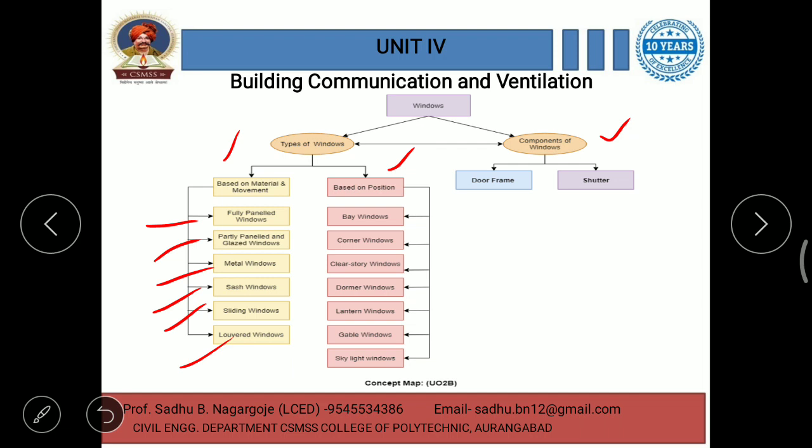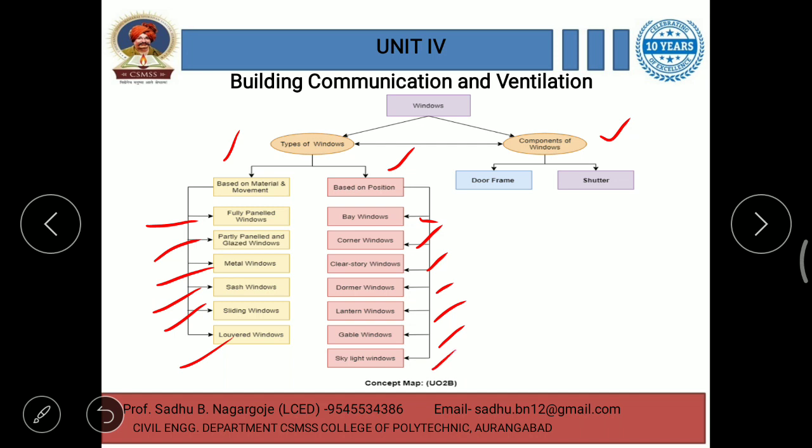Then the second type is based on the position, where should be the position of that window in the building. Based on that the windows are classified: bay windows, then corner windows, clear story windows, dormer windows, then lantern windows, gable windows, and skylight windows.